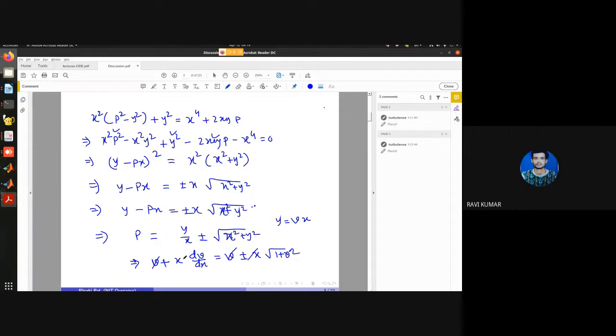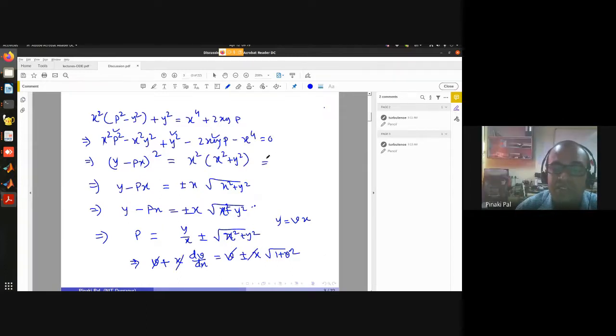Very easy. Then dv by root over 1 plus v square is equal to minus dx. So now you integrate and find both the solutions and then write the general solution.